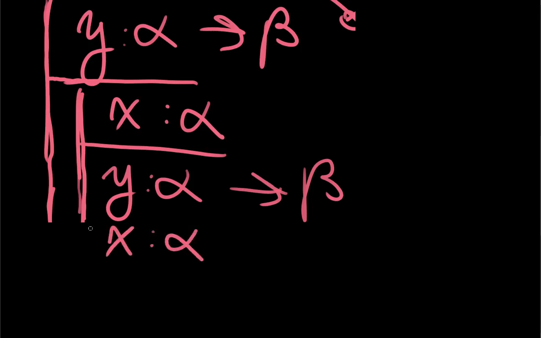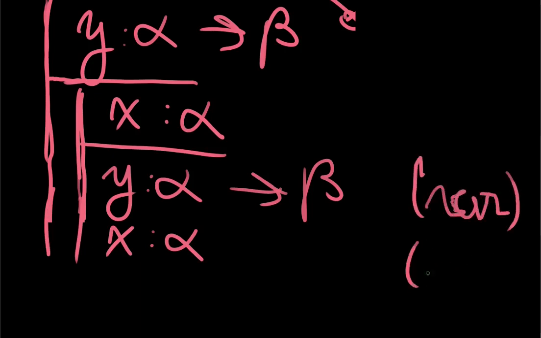Then, so that's what we had. We used the var rule. We used the var rule again. Now, this is where the magic is going to start happening. Now we plug X into Y. So Y is a function, right? It's something where the type has an arrow in it, and X is a variable.